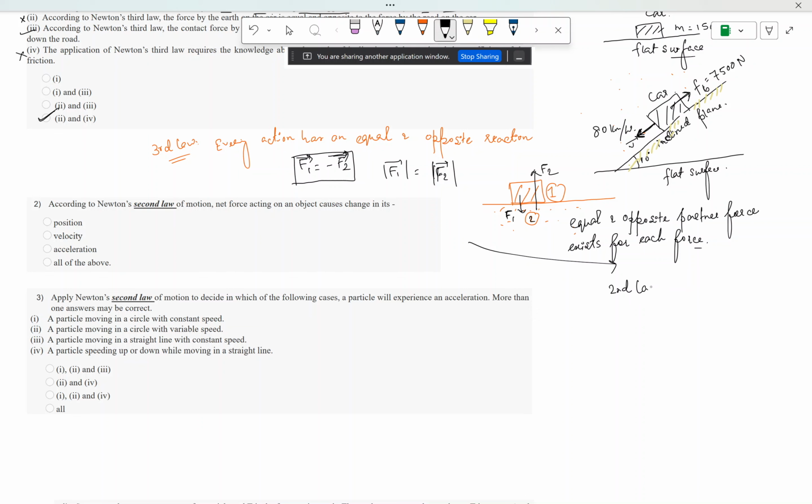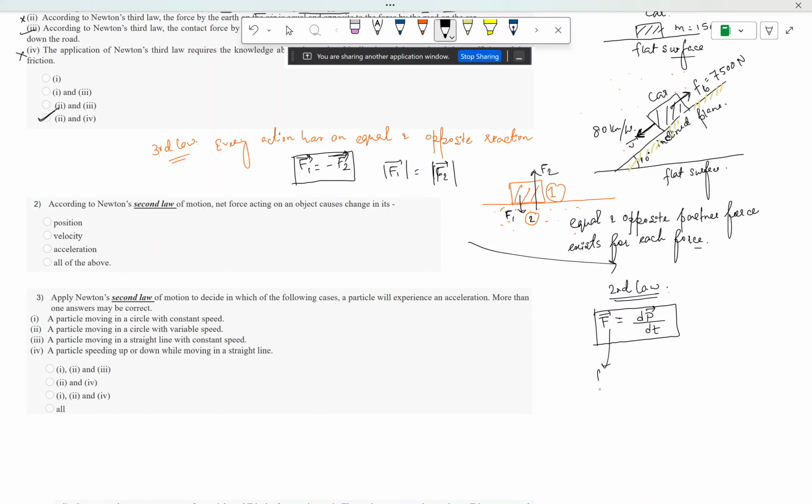Newton's second law of motion states that if you apply a force on a body, it will cause acceleration, in the sense that it will produce a change in the momentum of that object with time. So basically the force applied on the object is equal to dp vector by dt, which is the rate of change of momentum of that body with respect to time.